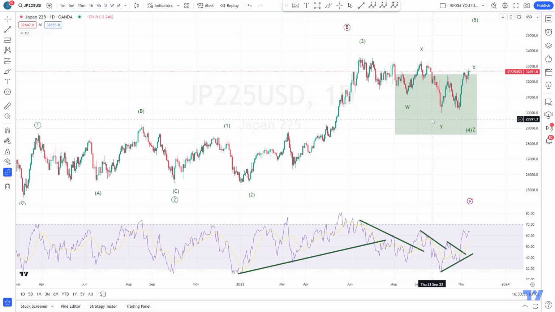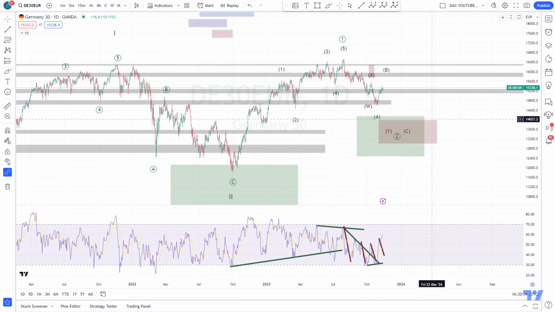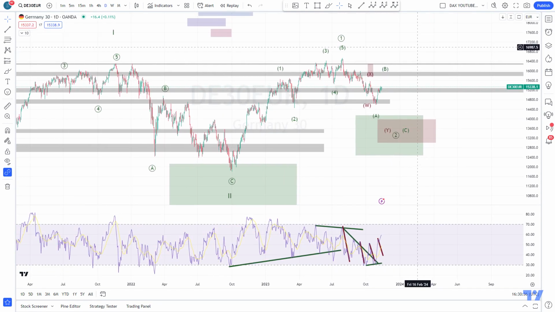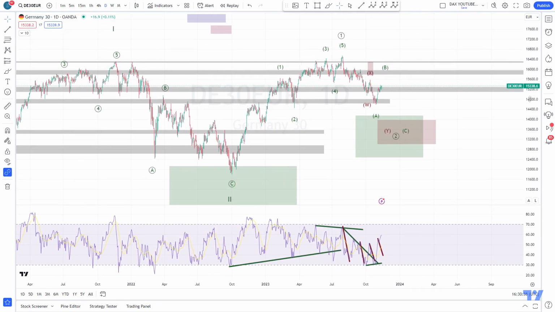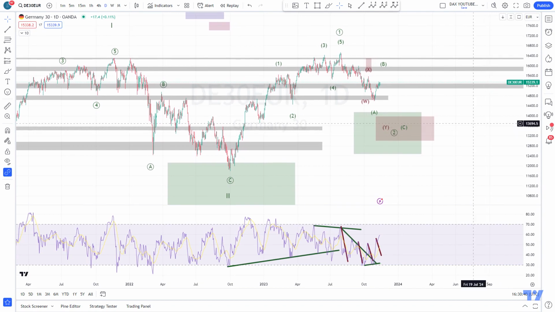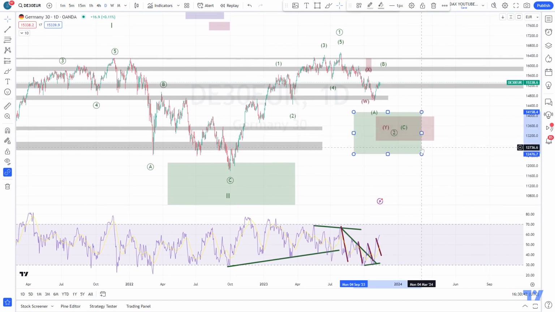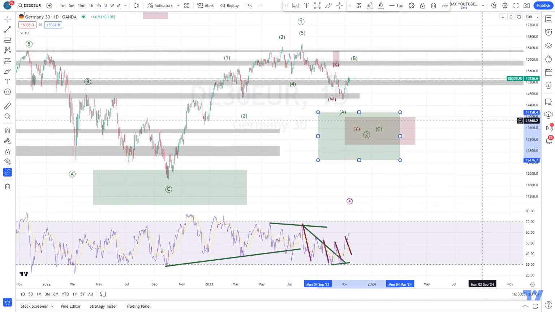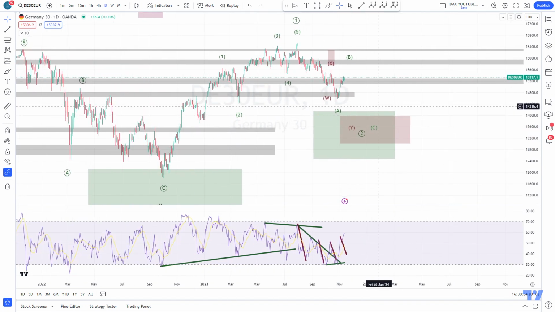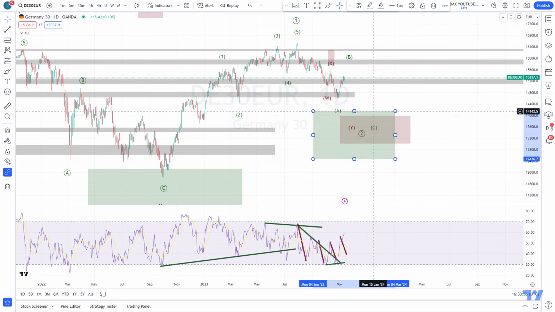Now if we go to the daily, here we have the daily chart in the DAX, working on this wave 2, I have 2 scenarios, one in green, one in red. And so the one in green is telling us that we are going towards this wave 2 area as an A, B, C structure.